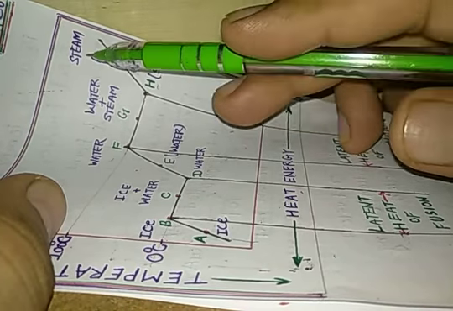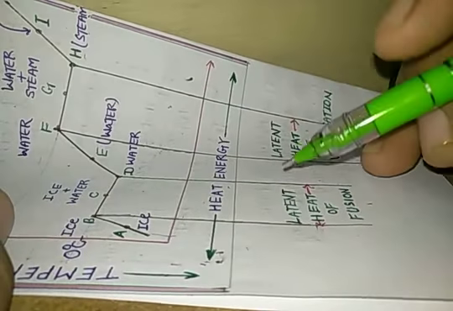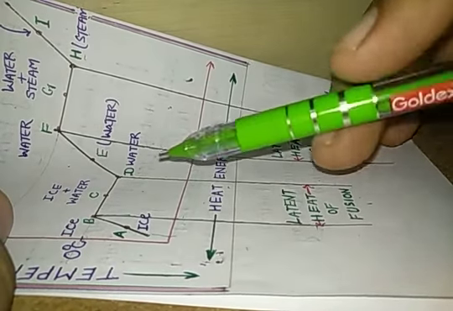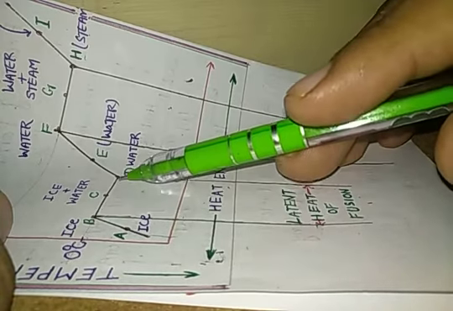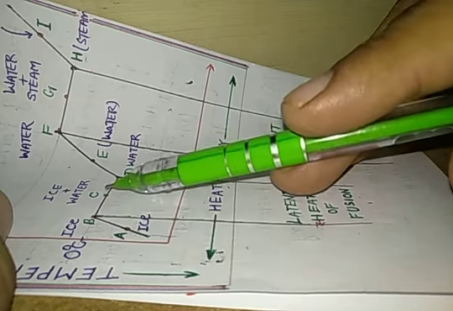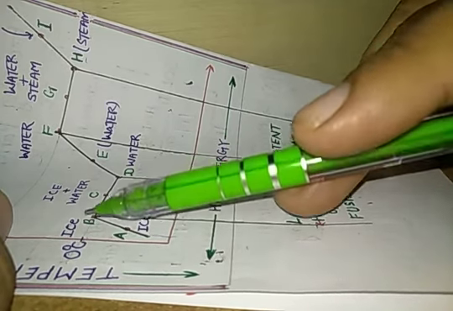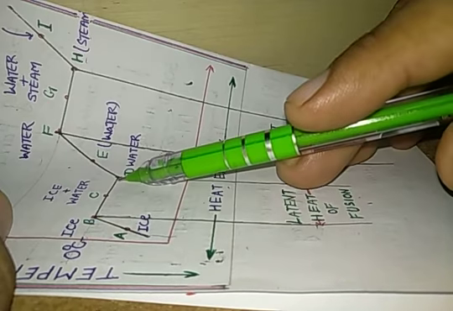You can see here I have shown you two heat energies. The first is known as the latent heat of fusion. The other is known as the latent heat of vaporization. The latent heat of fusion is between points B and D, where ice is converted into water. During the conversion of B to D, there is no change in the temperature.